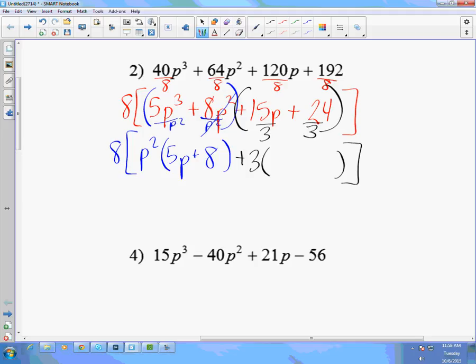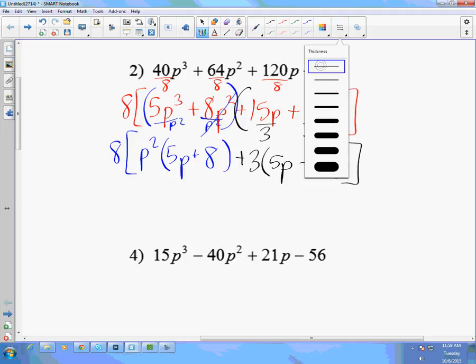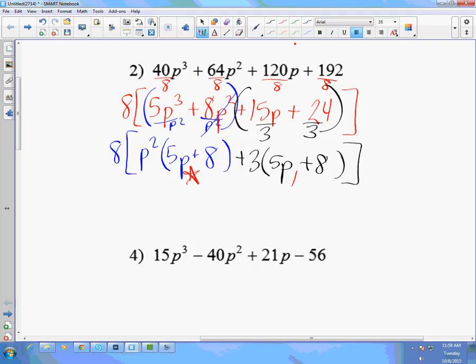okay, Allison, can you simplify this one? 15p divided by 3. Good. And what is the last one, Allison? Divide by 3. 8, yeah. Look, here it comes. Matching. You get a match. That means you're on the right track. 5p plus 8 is one of the factors.